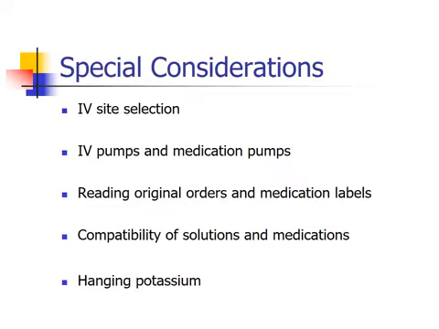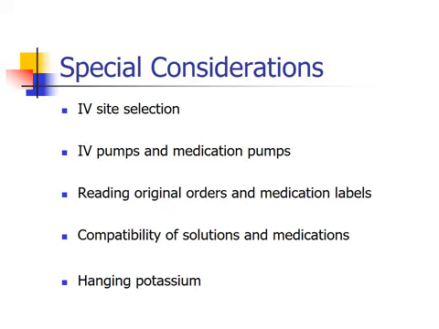Some special considerations include IV site selection. You probably remember from OB that the most stable site on an infant is in the scalp, and that's because they're usually flailing their arms and legs. With young children, we really want to pay attention to what is their dominant hand.